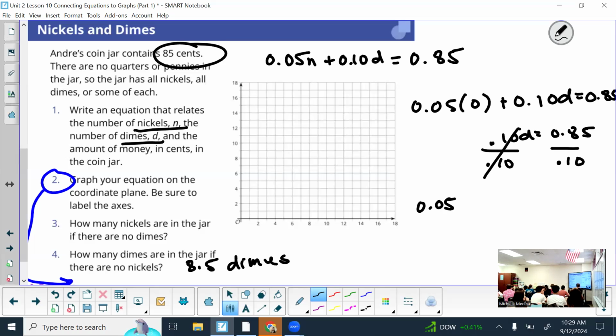You can start typing up now, but yeah, you plug in 0 for the d and solve, ends up being 17 nickels.